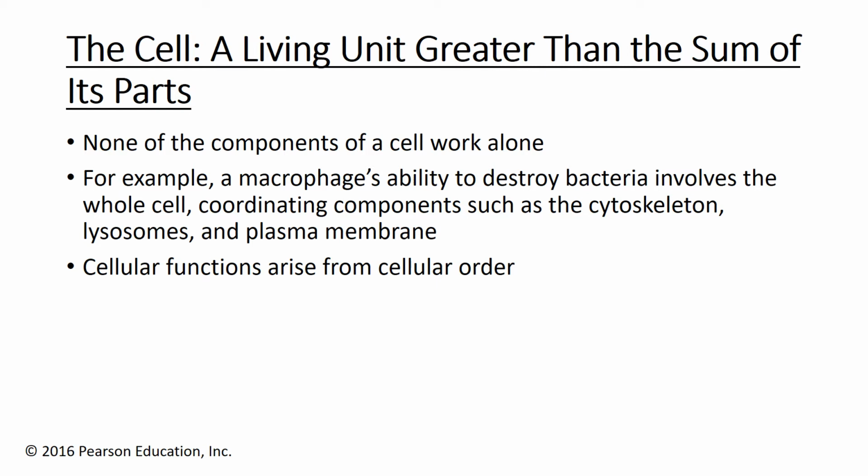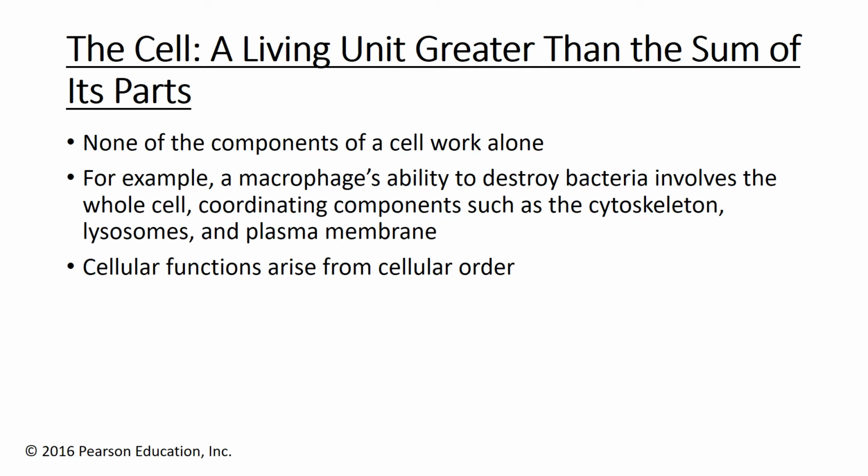In order for us to destroy the pathogen, if the cytoskeleton track is messed up, or if the ability of the macrophage to engulf the bacteria is not up to par, then we get sick and our body cannot rid itself of the pathogen.